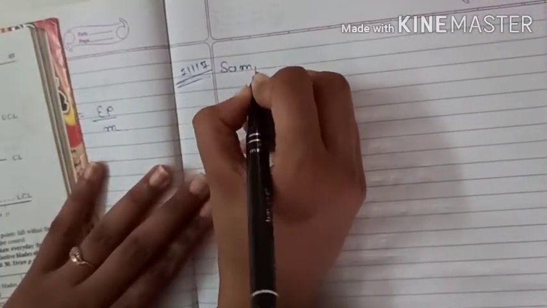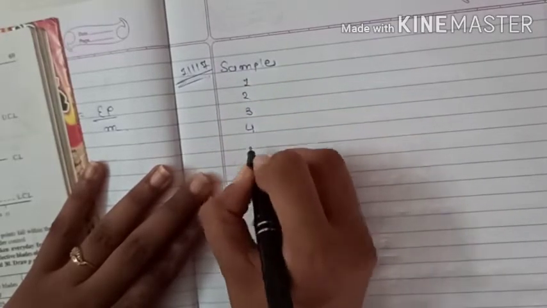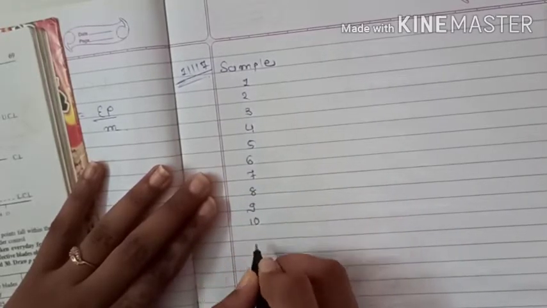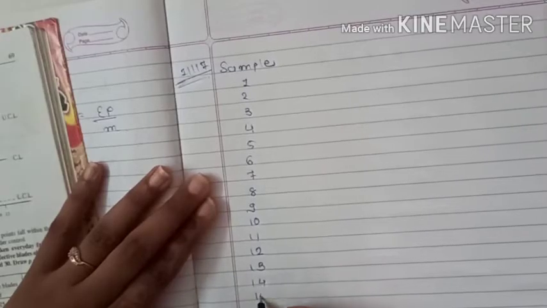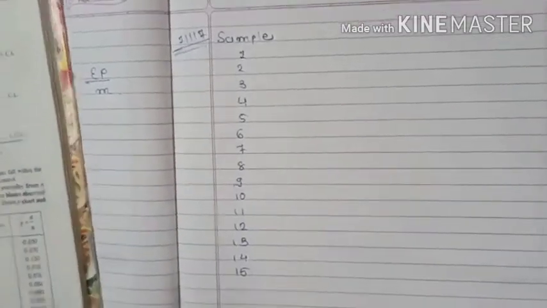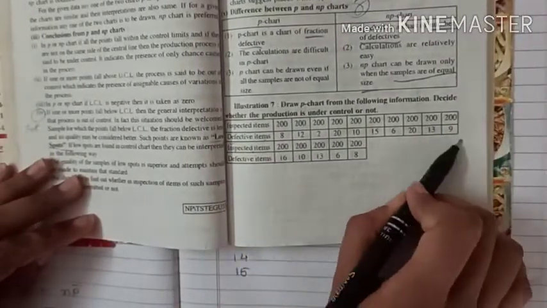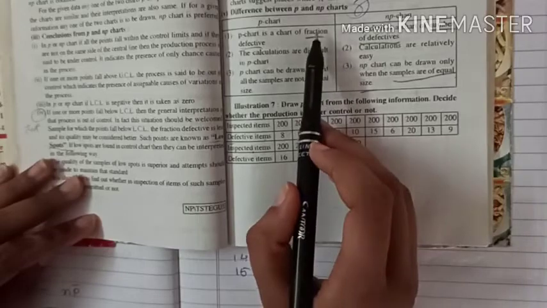Samples 1, 2, 3, 4, 5, 6, 7, 8, 9, 10, 11, 12, 13, 14, 15. Right? Here the defective items are given in number, but we have to find out the P chart. So we have to find out the fraction of defectiveness.